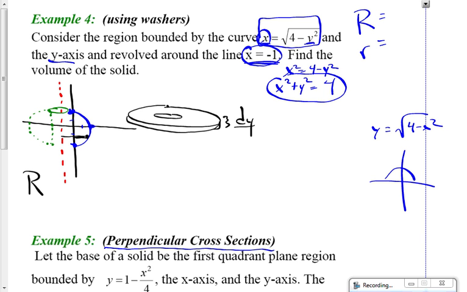What's this little distance between the blue curve and the y-axis? What's that governed by? The equation given, right? Is the radius we want more or less than that? More than that. How much more? 1 more than that. So big R is 1 plus the square root of 4 minus y squared. Make sense?